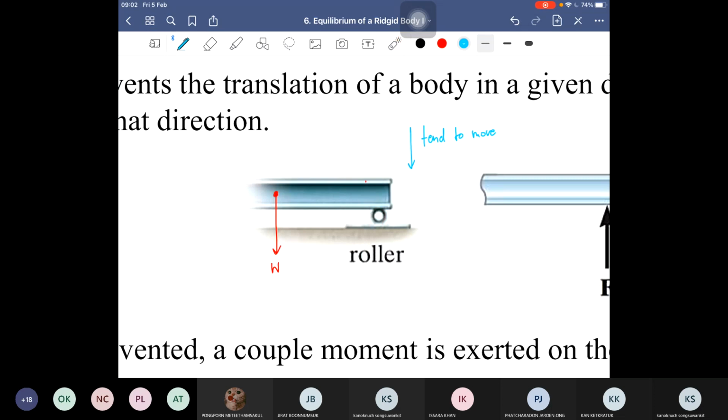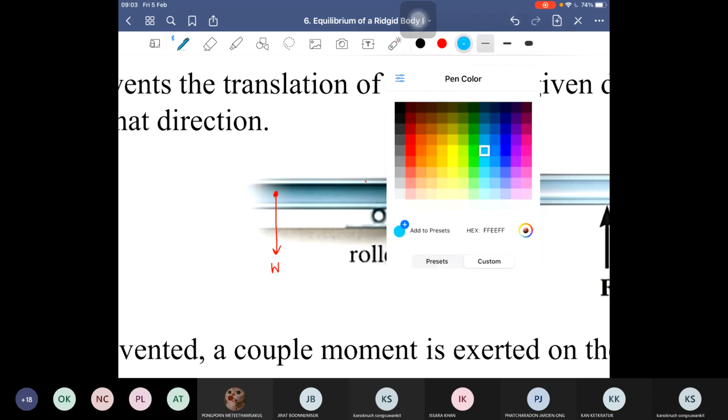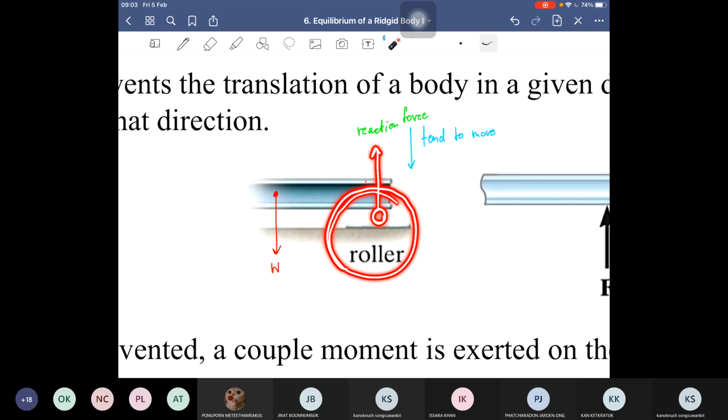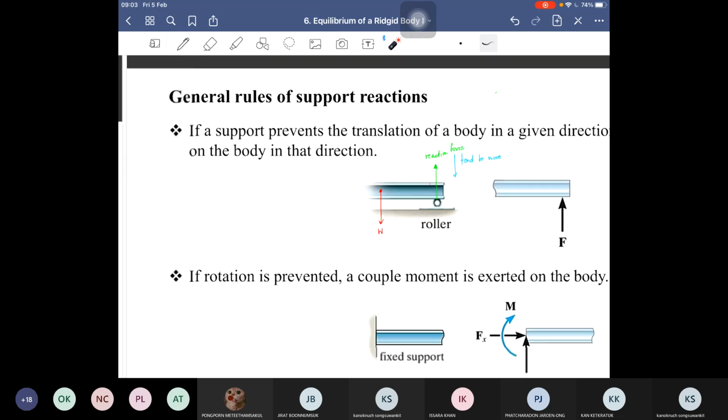Then its reaction force must resist this weight, so it must act in the opposite direction. So the reaction force that this roller exerts on this beam will point upward. Okay, so here is the reaction force that this support exerts on the body, and this is the weight too.